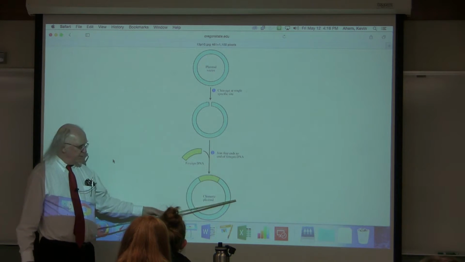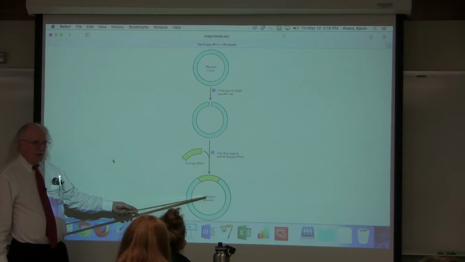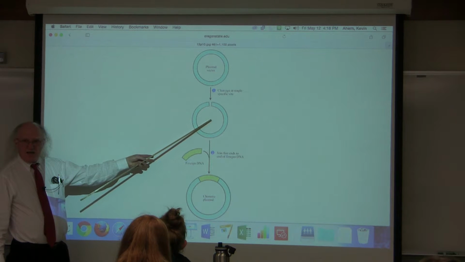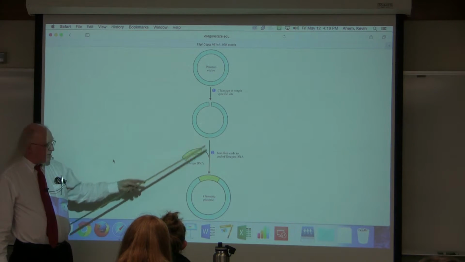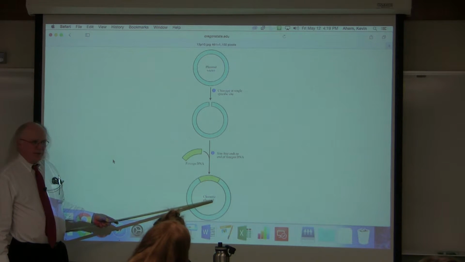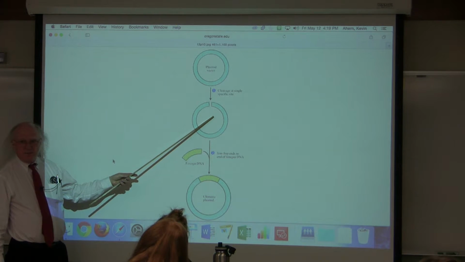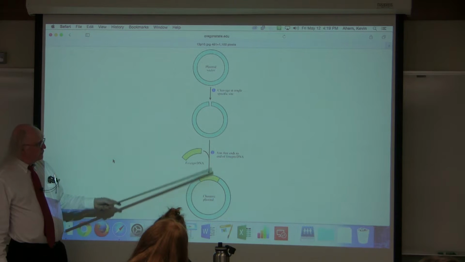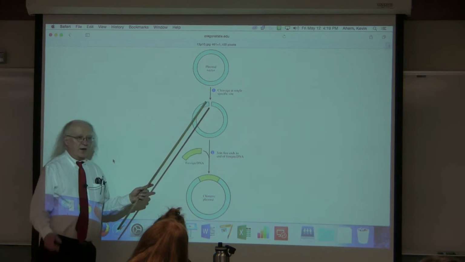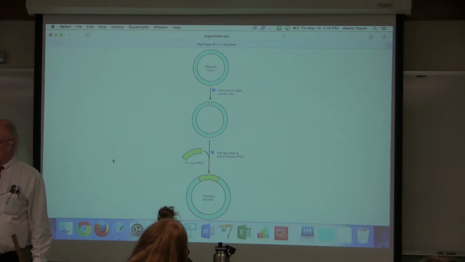I talked about the efficiency of putting this guy in, but if I put this guy in and I put this guy in, this guy's going to have antibiotic resistance too, right? So some of the cells that I get are going to look like this with a plasmid that looks like this, and some of the cells are going to have a plasmid that looks like this. So I'd like to be able to distinguish this one from this one so that I have another way of pulling the needle out of the haystack.